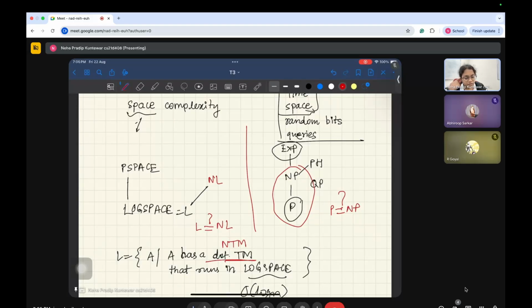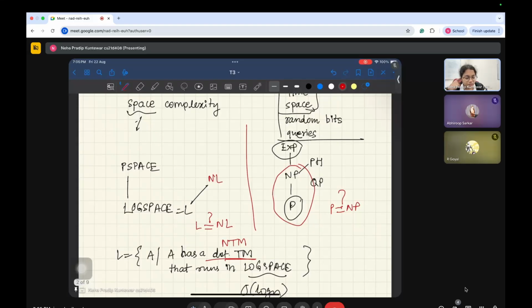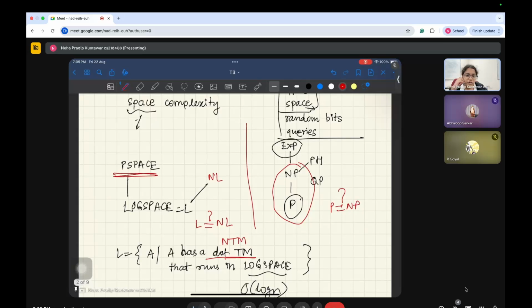How do we define PSPACE? PSPACE is simply the set of all languages that have a deterministic Turing machine that uses polynomial space. You can also define the non-deterministic counterpart of it, which we'll call NPSPACE. And we can ask the same question again, whether PSPACE is equal to NPSPACE.